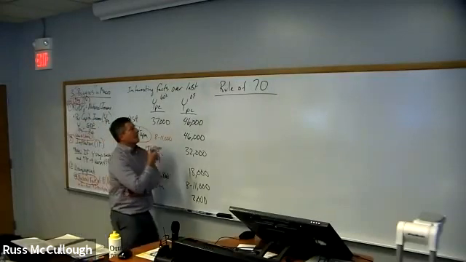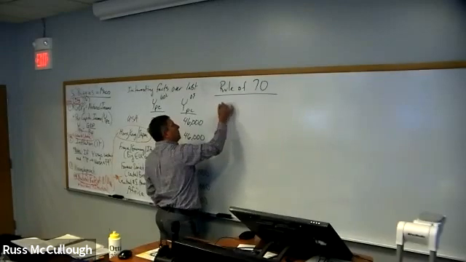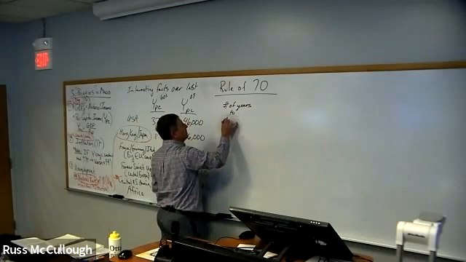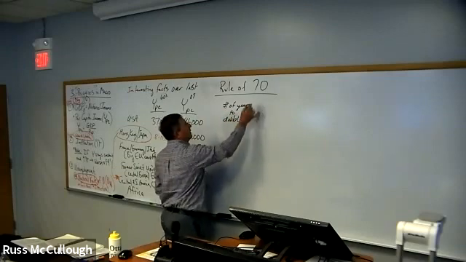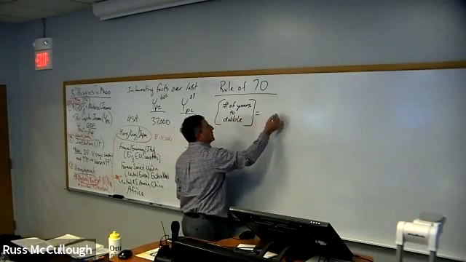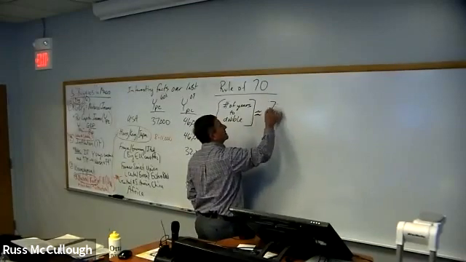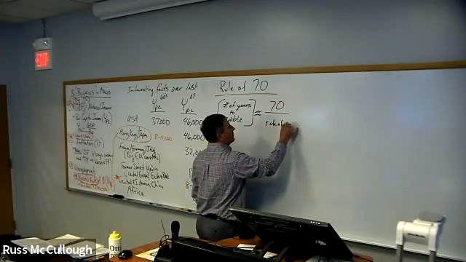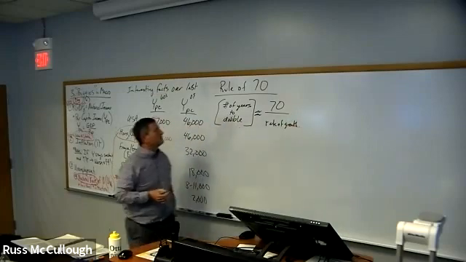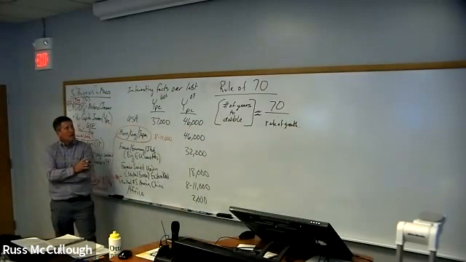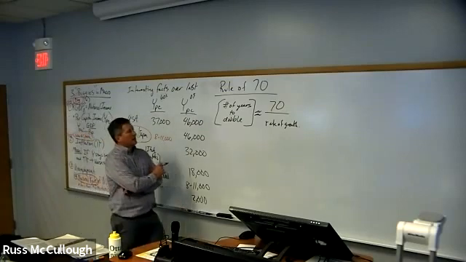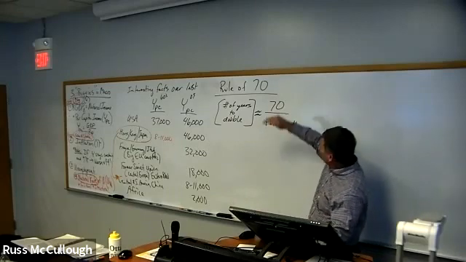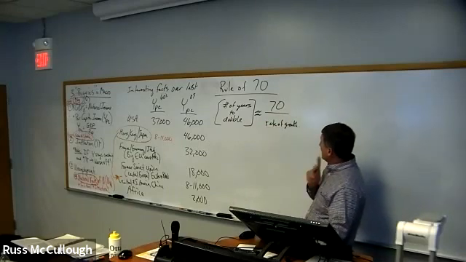How the rule of 70 works is that the number of years to double is approximately equal to 70 divided by the rate of growth. It's just one of these weird mathematical anomalies that 70 divided by the rate of growth gives you the amount of time.